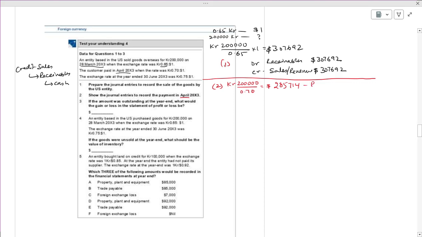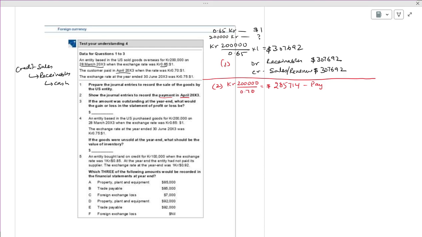Are they paying more or less? Less. To record the payment, the customer paid when the rate was this.